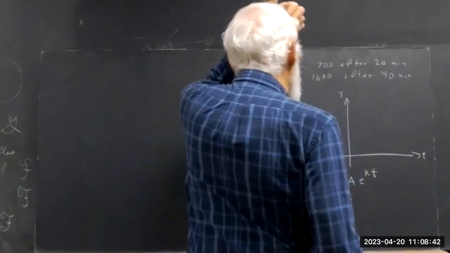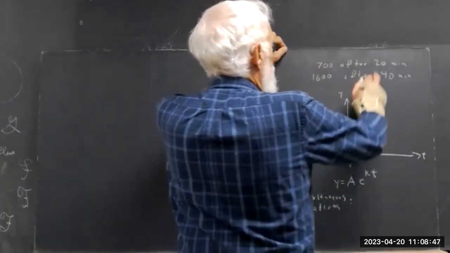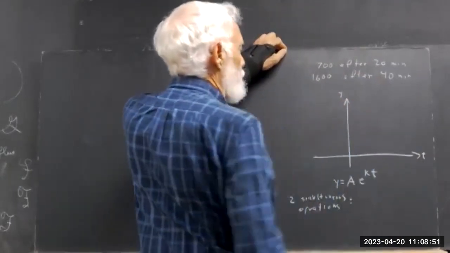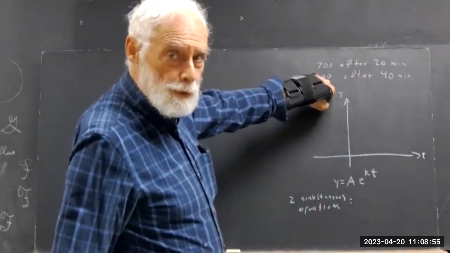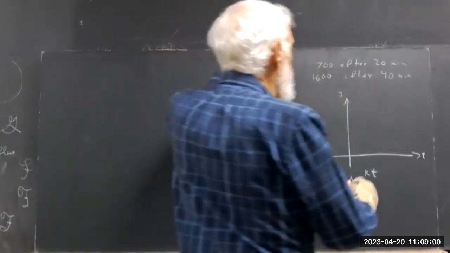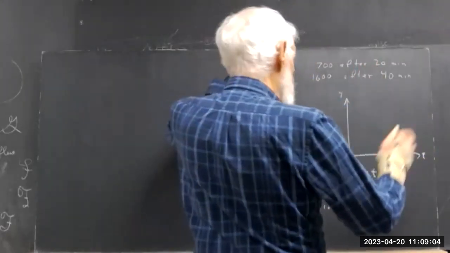And so we have 700 and 1600 after 20 and 40 minutes. We're going to put time here. We're going to put our bacteria count or whatever it was here, okay? So the times would be 20 minutes and 40 minutes.